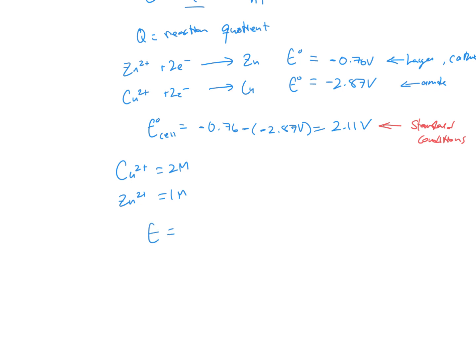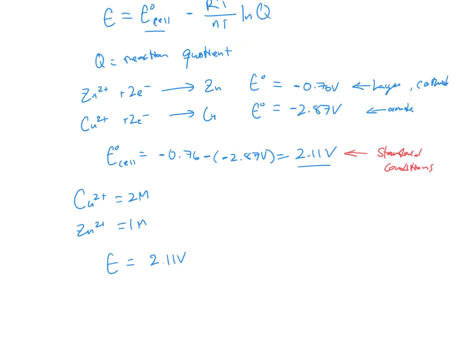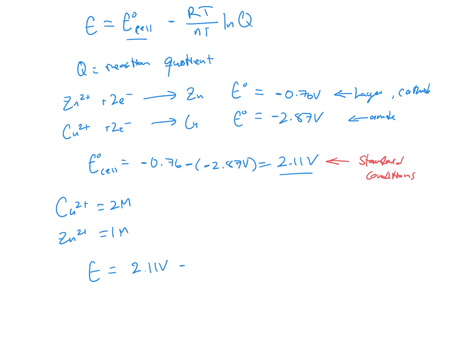So E is equal to E naught, which we calculated here is 2.11 volts, minus R, and for R we use 8.314 joules per mole Kelvin, times T, which is 298 Kelvin, just for the sake of this example, let's say we're at room temperature, divided by the number of electrons, which is 2, because I have 2 electrons up there in those equations.